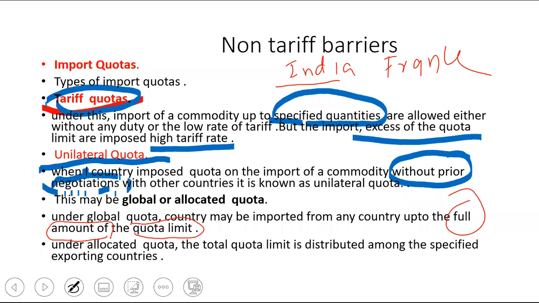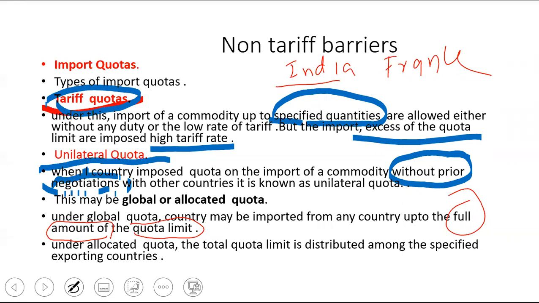Global quota means India France से कितना import कर सकता है कि वो गवर्नमेंट ऑफ इंडिया डिसाइड करेगा. इंडिया यूएई से कितना क्रूड ऑयल इंपोर्ट कर सकता है. Okay, so like that India will be fixing the maximum quota limit. That is the meaning of global.